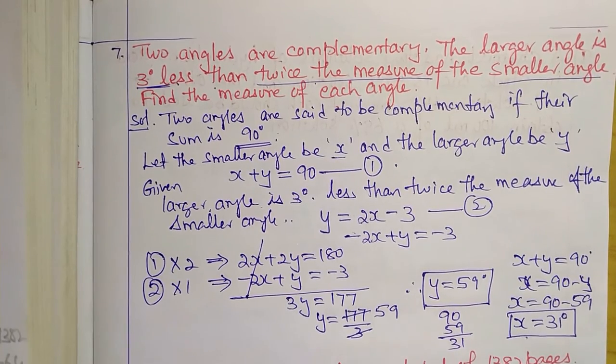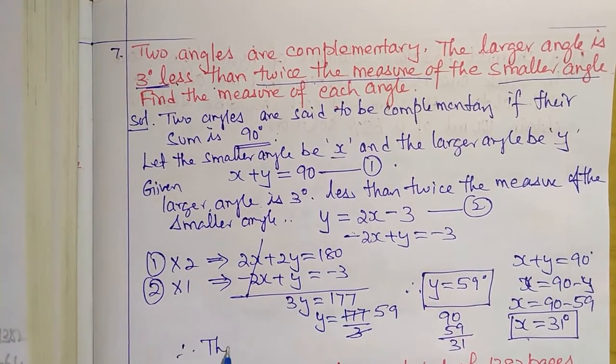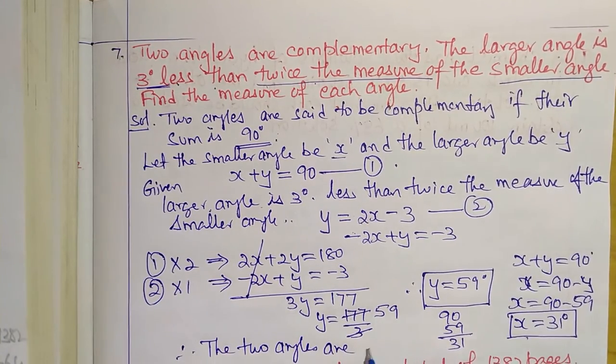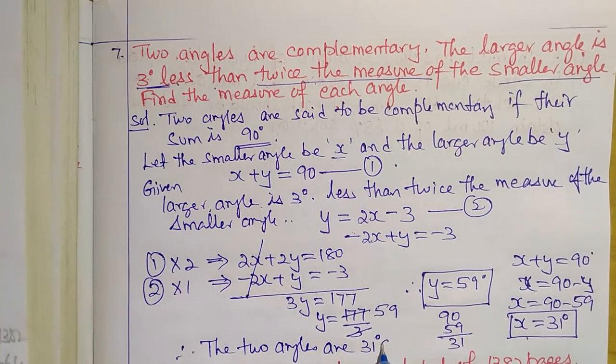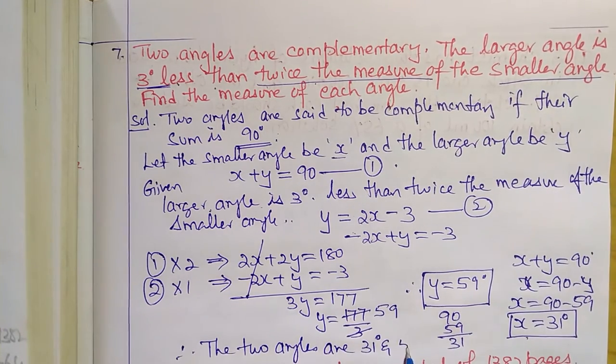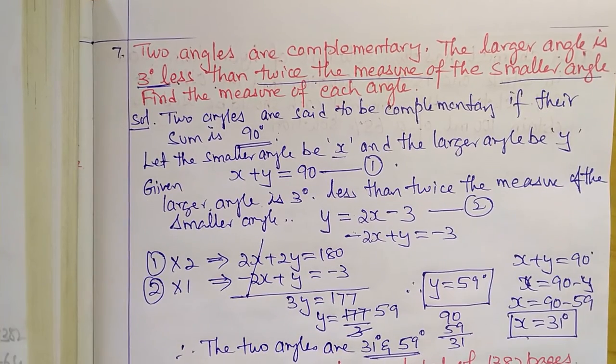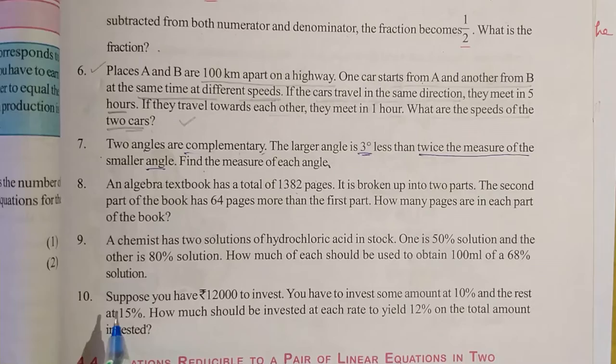So therefore the two angles are x and y. x is 31 degrees, and y is 59 degrees. So this is how you must solve the problems.